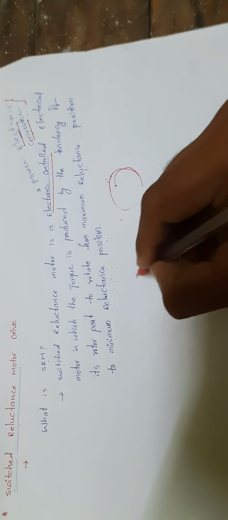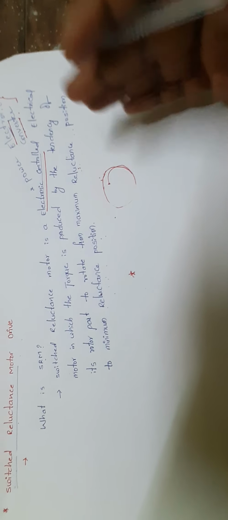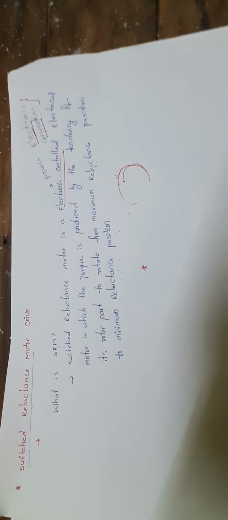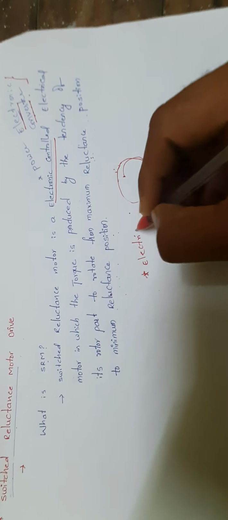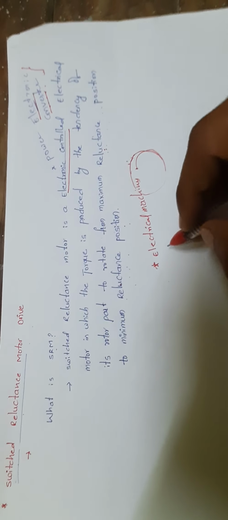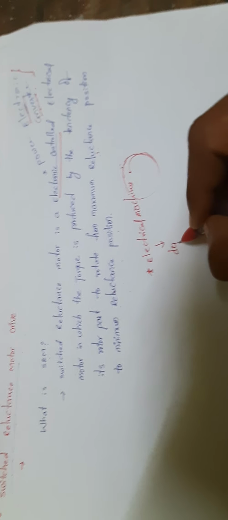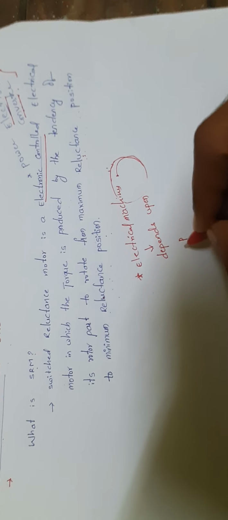Generally, electrical machines are classified into different types: synchronous machines or asynchronous machines, depending upon the speed; similarly, DC machines or AC machines, depending upon the nature of supply.